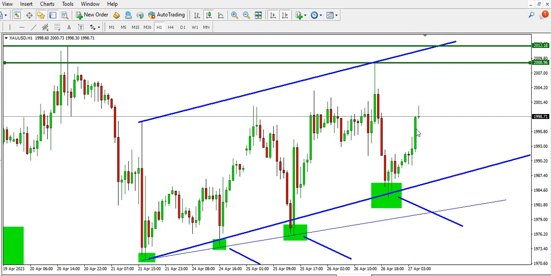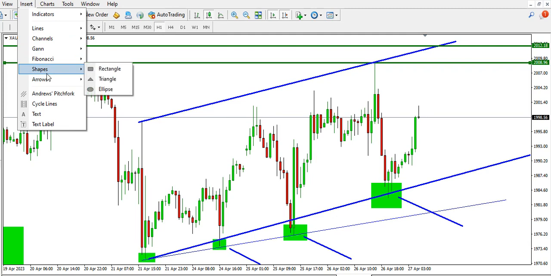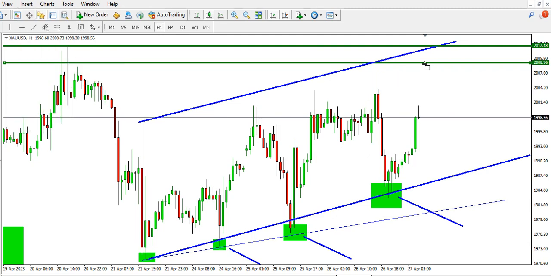So price will attempt to climb to this particular point. If you want to scalp gold, just look for buying opportunities. As of yesterday, selling opportunities were advised, but for today, buying opportunities. Let's see if price will get to this particular area.